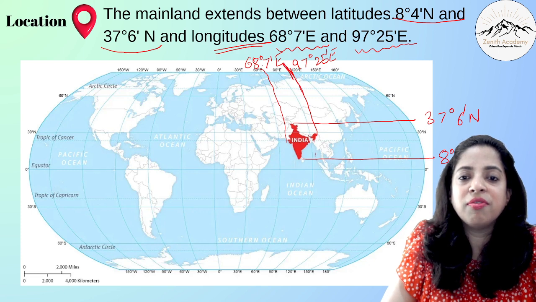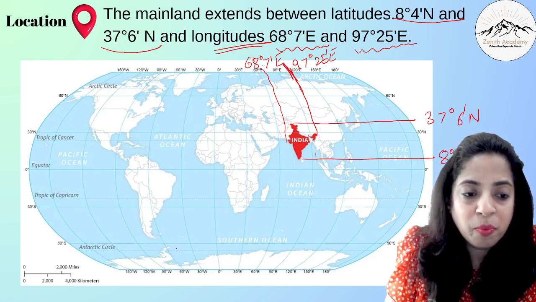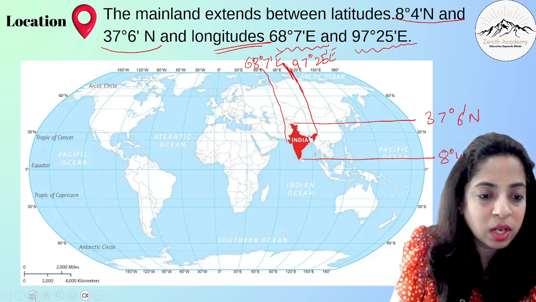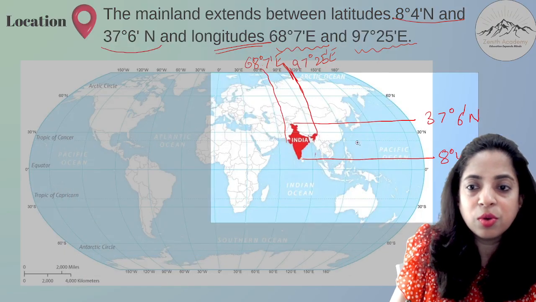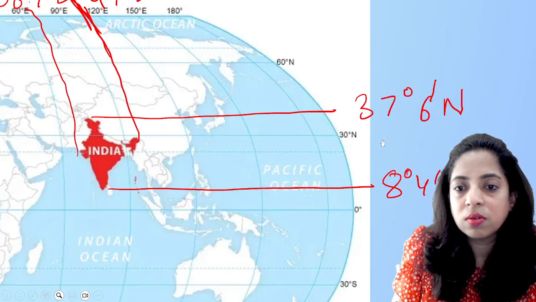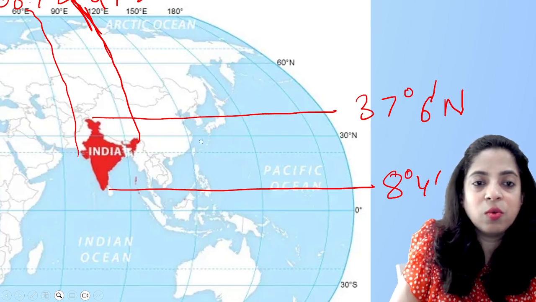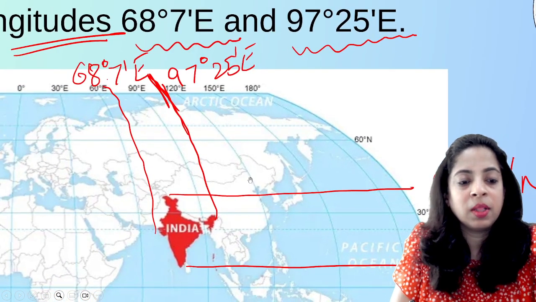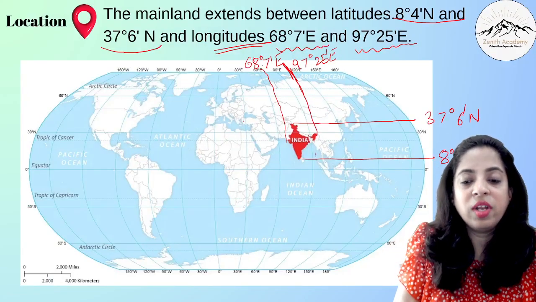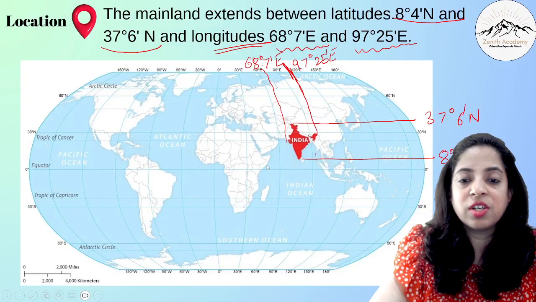I have just roughly drawn this. I hope you are able to see these numbers well. Let me show you. See these numbers really well. You will have to remember this, my dear children.